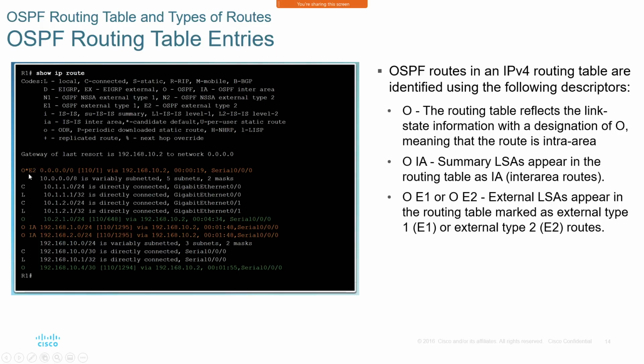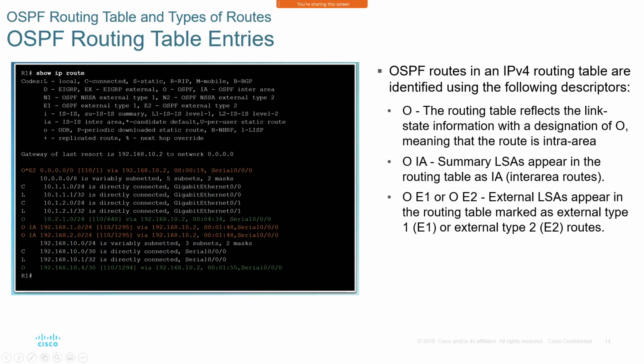And we do have this weird thing here, O asterisk E2. Anyone have any idea what that is? OE2. So intra, external from inter, the ASBR. Exactly, external. So the E is for external route.